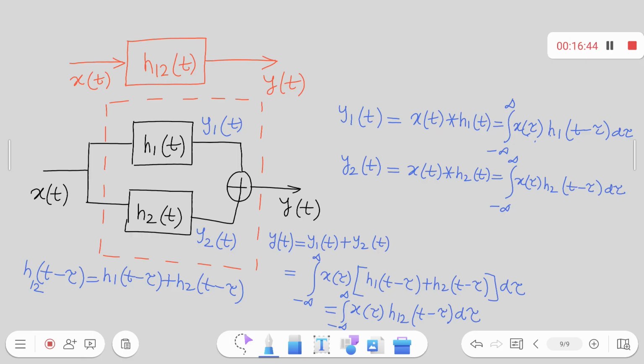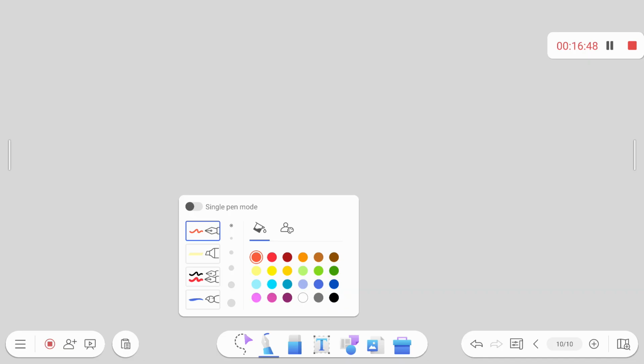Now let us consider a system where you have this kind of scenario. You have the input x of t, then you have the first LTI system characterized by its impulse response h1 of t, and then the output of this system is being fed to the second LTI system, which is characterized by h2 of t, and then finally you are getting the output as y of t.